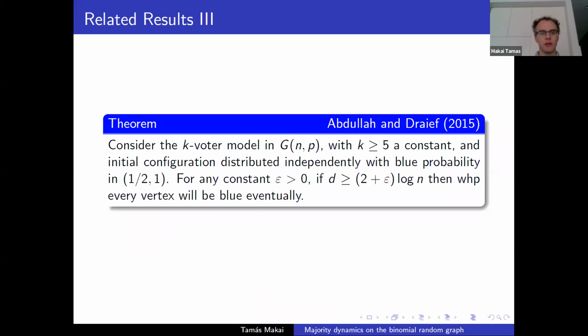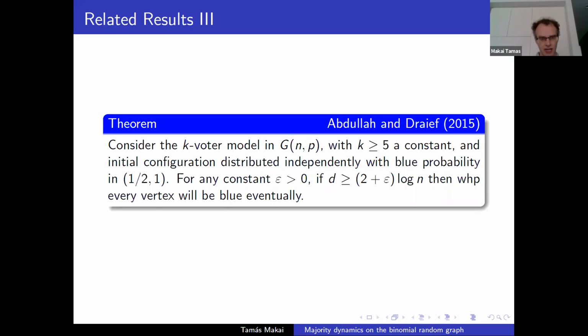Since I mentioned earlier the k-neighbor model, I would like to mention that it also has been studied in G(n,p). So in the k-neighbor model, one usually takes a fairly small constant as the parameter k. And in this case, one can take any k which is at least 5, and there's a constant.